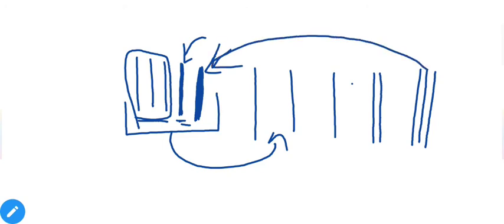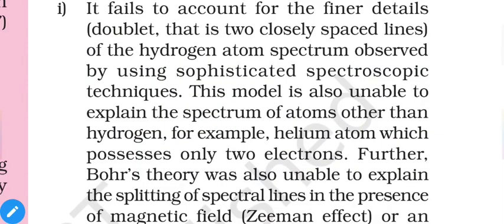In a normal spectrometer they will appear as a single thick line, and even thicker lines will be three lines close to each other, looking like one thick line in a normal spectrometer. These two lines are called doublets and these three lines are called triplets. We cannot explain this using Bohr's model.